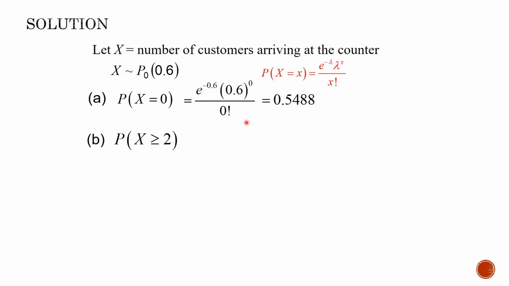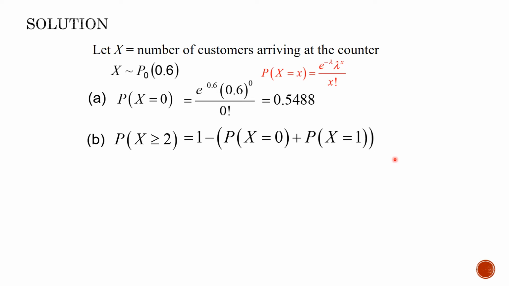Now, your X takes the value from 0, 1, 2 onwards, so we do not know where it ends. So we have to use this method to find P(X ≥ 2) = 1 minus P(X < 2). So what is P(X < 2)? P(X = 0) plus P(X = 1).